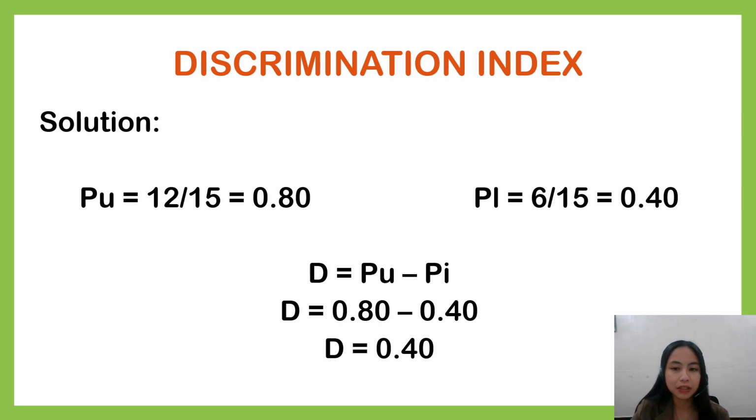So, kung ating babalikan yung table kanina, if you will evaluate the quotient, the answer, so the item is a very good item. Okay, kasi 0.40 and above, ang evaluation niya is very good item.